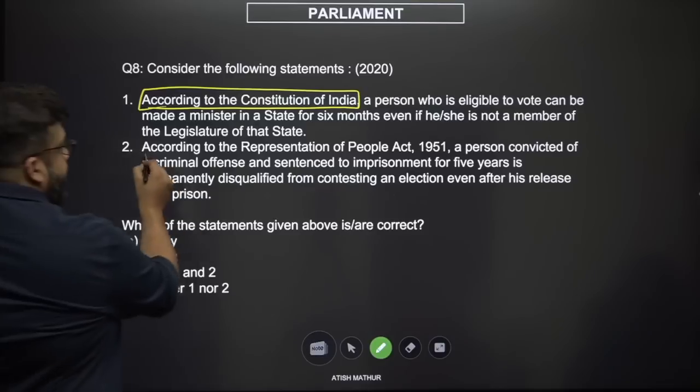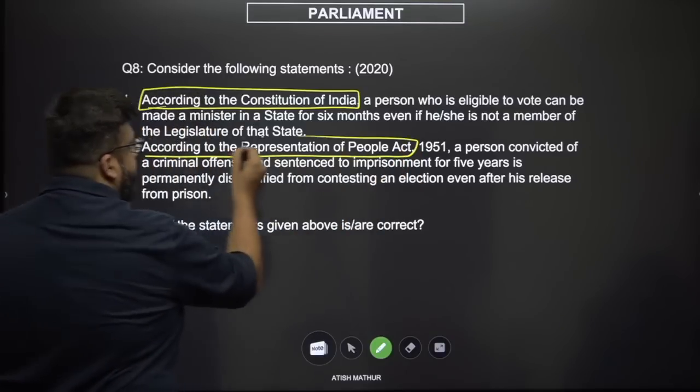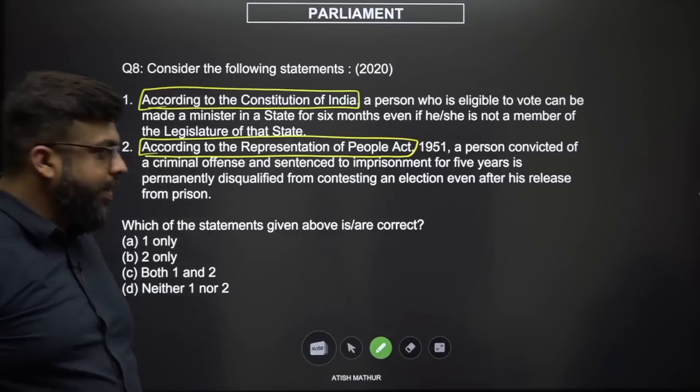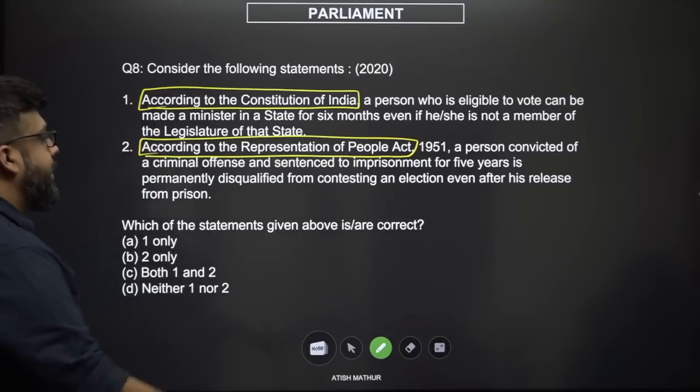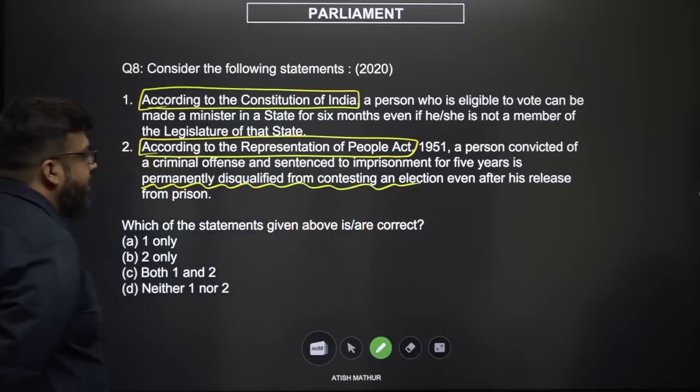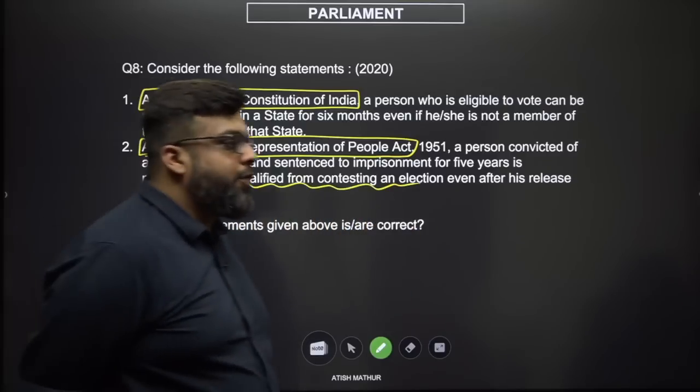According to the Representation of People's Act, again has to be explicitly written, a person convicted of a criminal offence and sentenced to imprisonment for 5 years is permanently disqualified from contesting an election even after his release from prison.